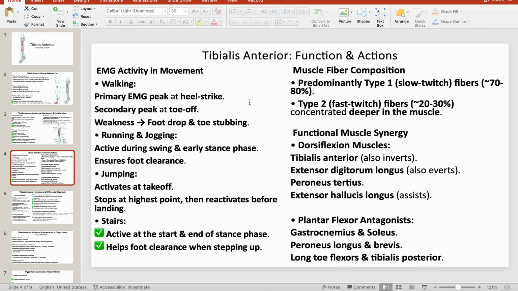Anyone able to tell me why I've included this and why I'm gonna really talk about this part? Why this part is so important for when we're treating someone with tibialis anterior issues?